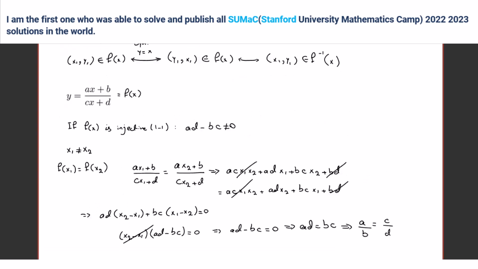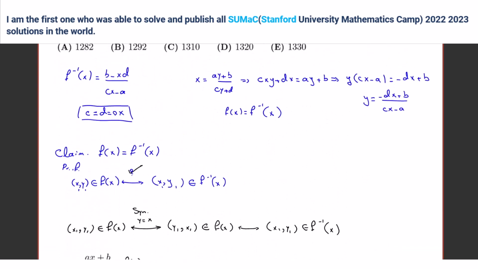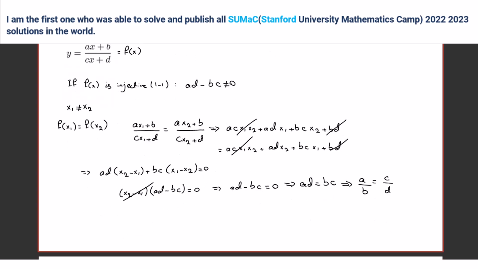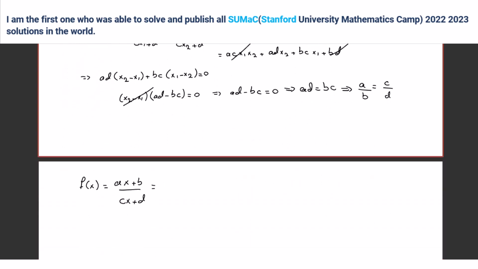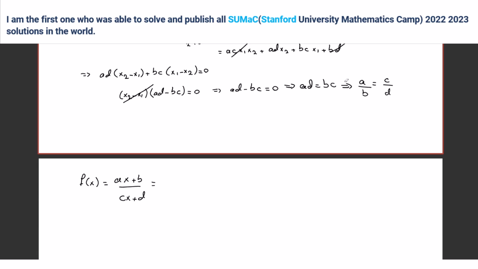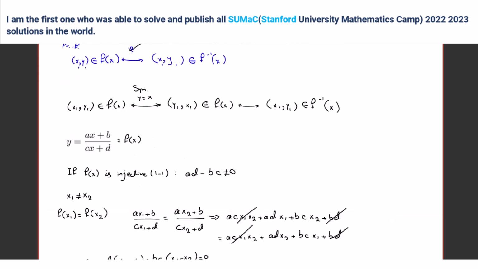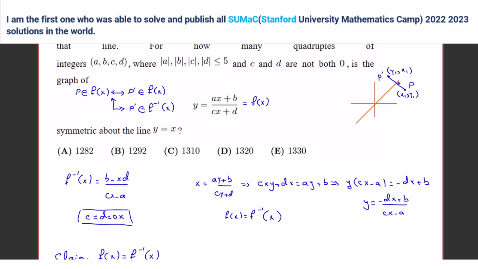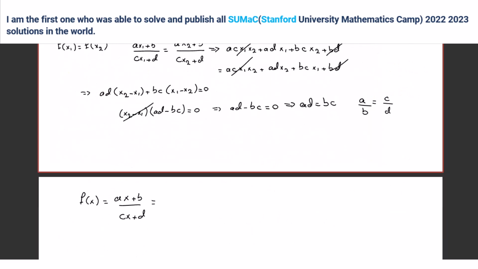But one thing here, maybe some of them are 0, so we cannot divide by them. C and D cannot both be 0, but one of them can be 0. So let's consider different cases.